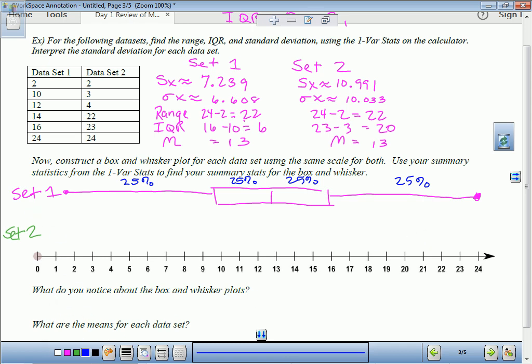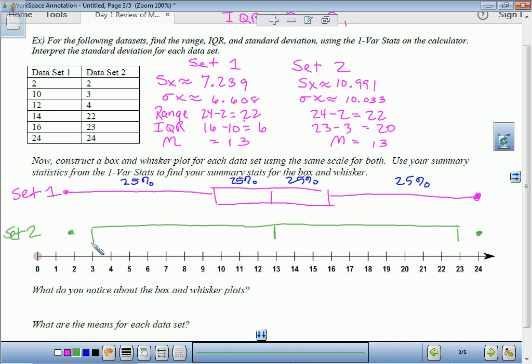Now, let's do set 2. We have the same min and max, and the same median, but Q1 is here and Q3 is here. That tells us a lot about our data.